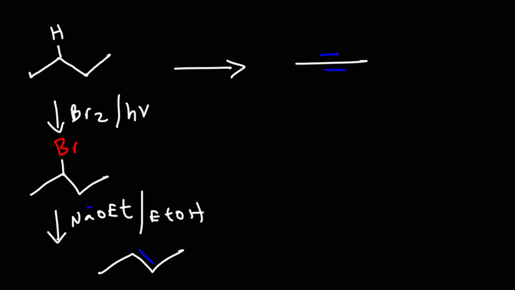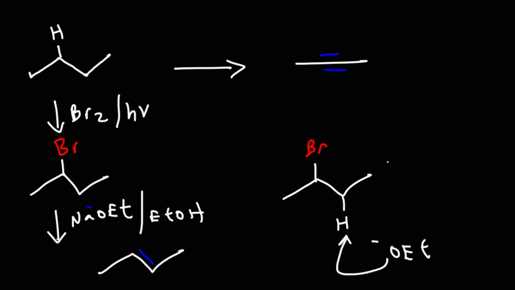There's not much space to show the mechanism, so let me show it here. The ethoxide molecule is going to abstract a proton. We're going to form a pi bond, and the leaving group is going to be expelled. And that's going to give us this alkene.